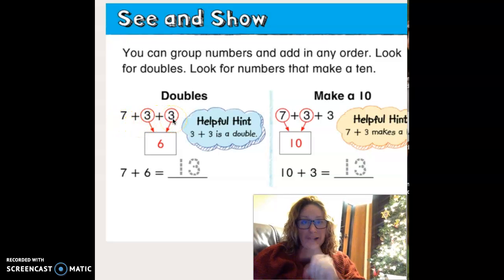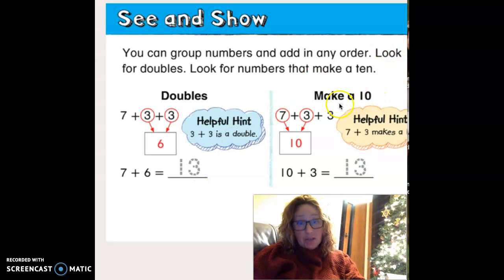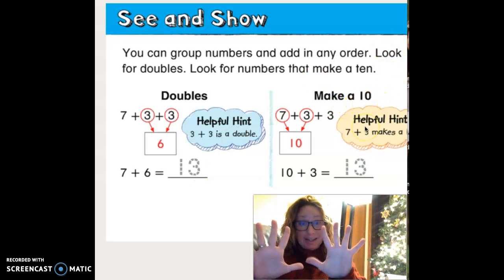And one way is to use the doubles facts. So you can add the 2 3's together, which makes 6, and then add that 6 and 7, which the sum is 13. So that's one way. You can look for doubles you can add first. The other way is you can make a 10.